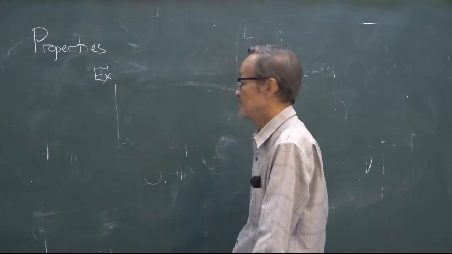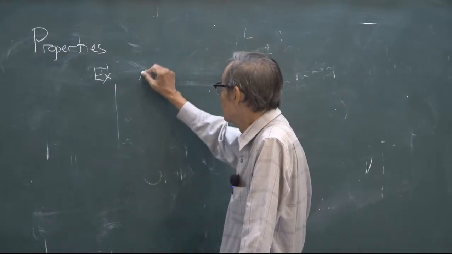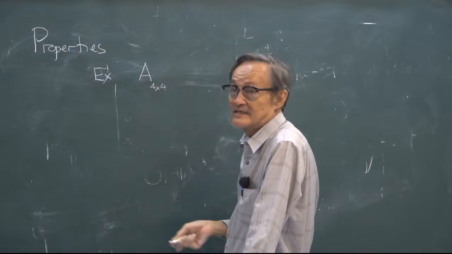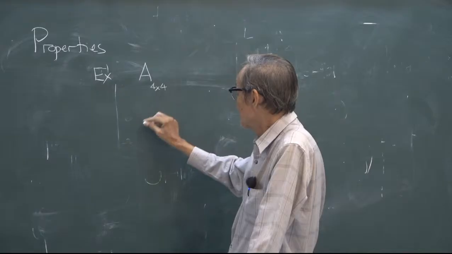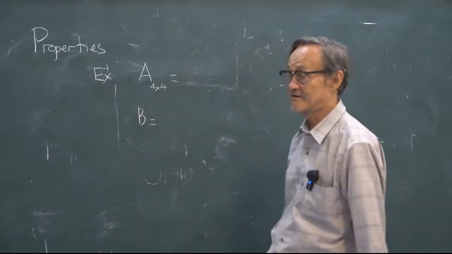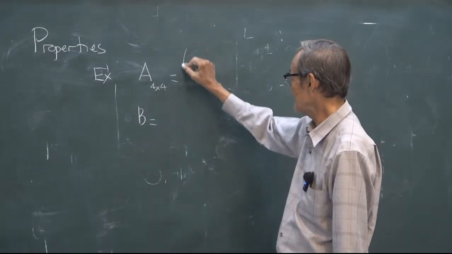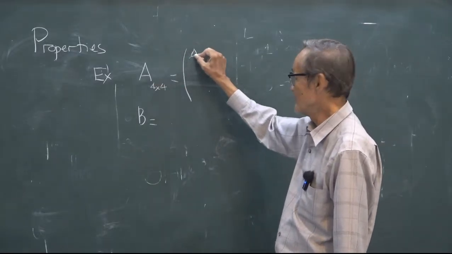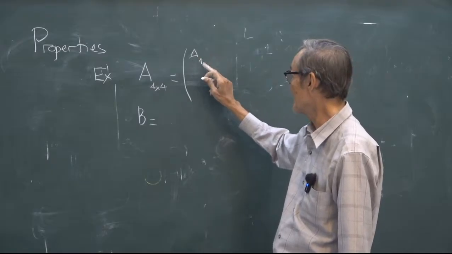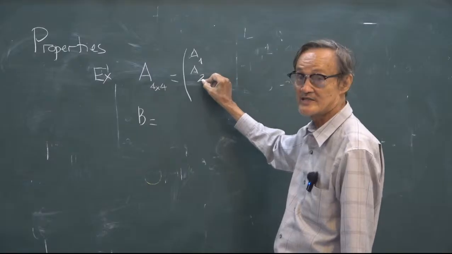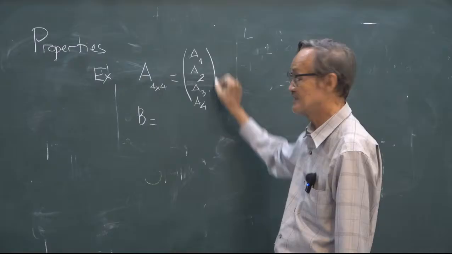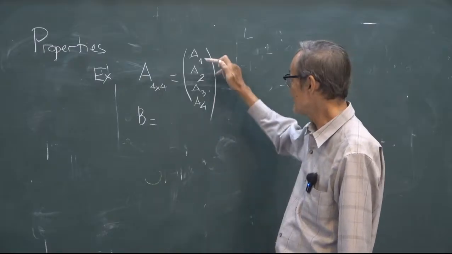Now consider an example. Given A of order 4, and B from A. Row 1 we denote A1, row 2 A2, row 3 A3, row 4 A4.